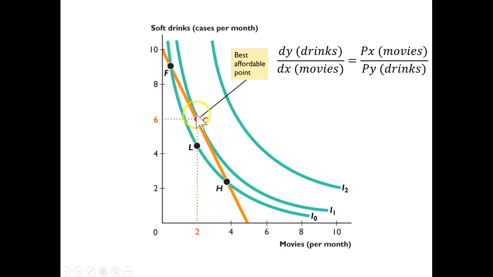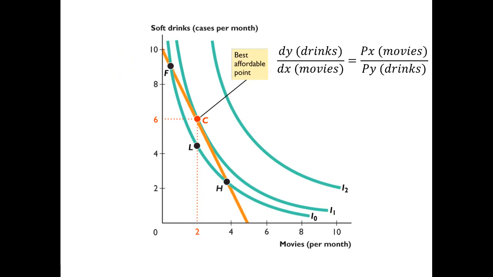Well, it will be identical to the slope of the budget line, because the budget line will be tangential to the indifference curve I1 at point C. So if we find the slope of the budget line, and we've discovered previously that the slope of the budget line is the price of the horizontal good over the price of the vertical good, the good on the vertical axis, so Px over Py, the price of movies over the price of drinks.